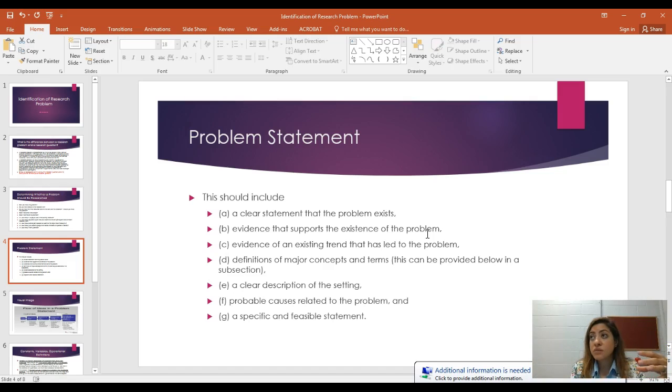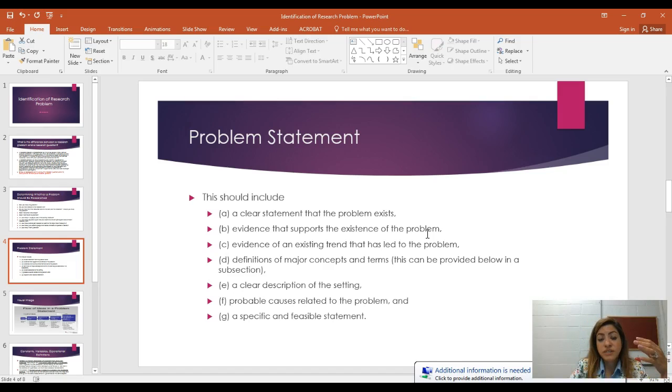Define the major concepts and terms that you're going to talk about in your research, describe the people that you want to explore and research, and describe the setting. Tell me about the setting that you're going to.